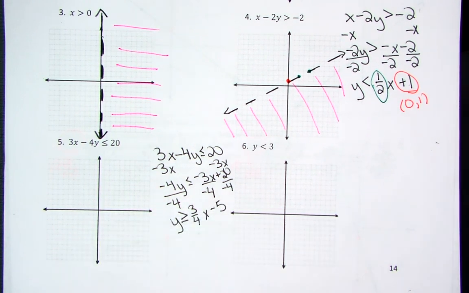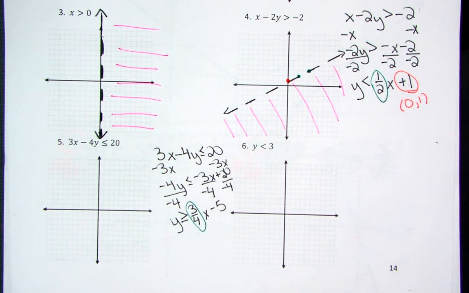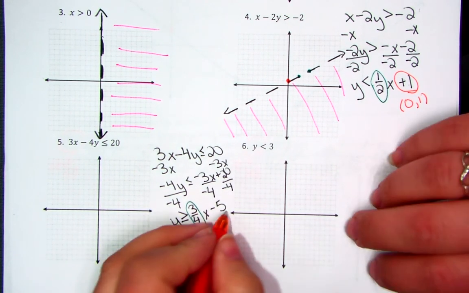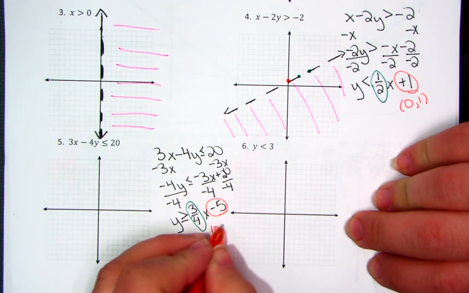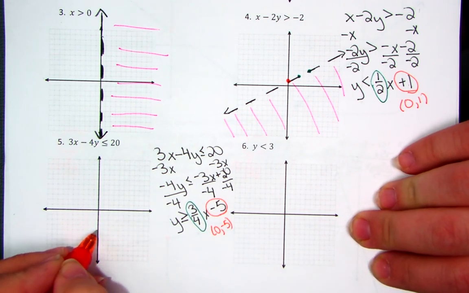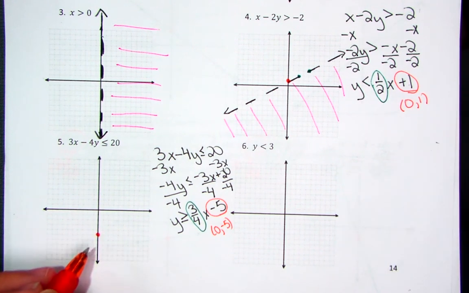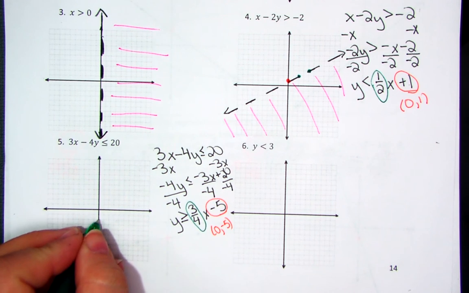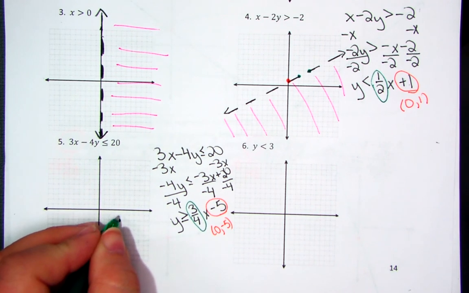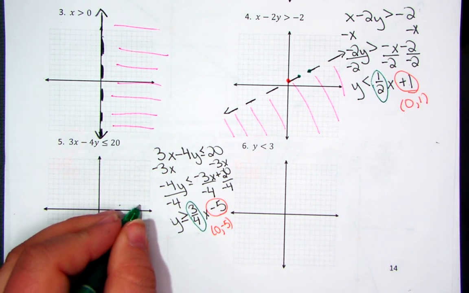So our slope is 3/4. Our y-intercept is 0, negative 5. Down 5 and put a dot. And our slope would go up 3, right 4. Up 3, right 4.